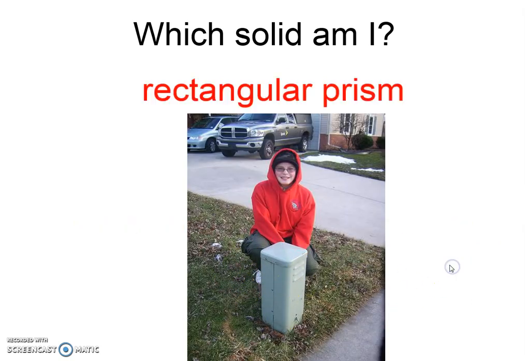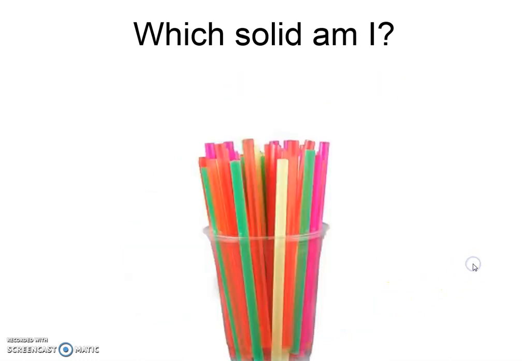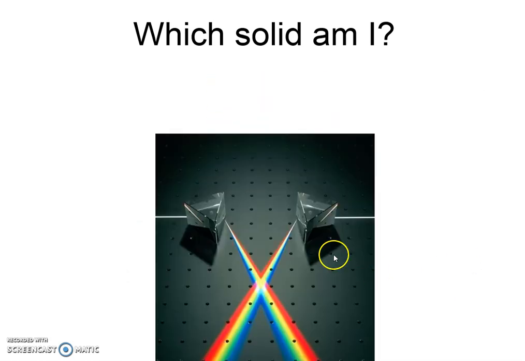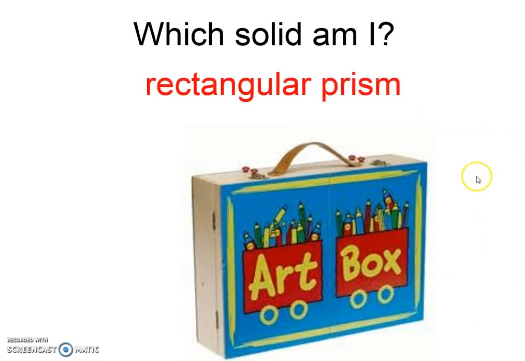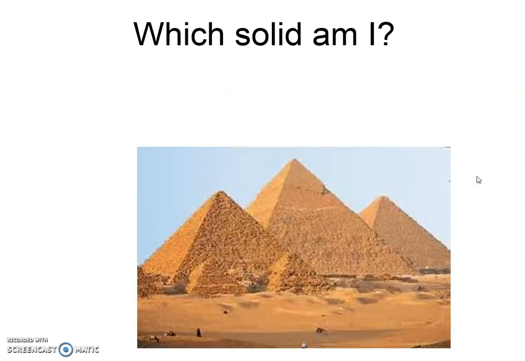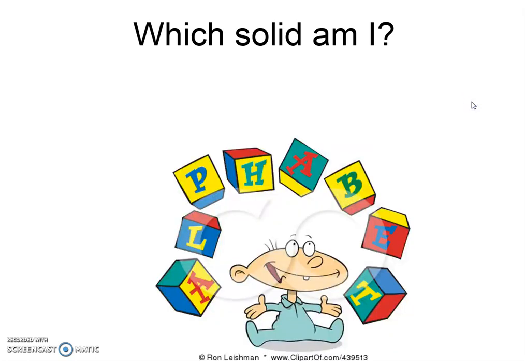In front of him we have a rectangular prism. It gives it to you in the name, ice cubes. Straws are basically cylinders. Right here we have 2 triangular prisms. The box is a rectangular prism. Pyramids, and these from Egypt have a square base, so they're square pyramids.